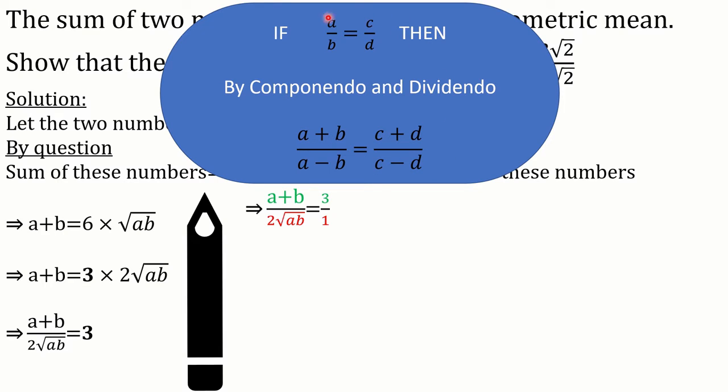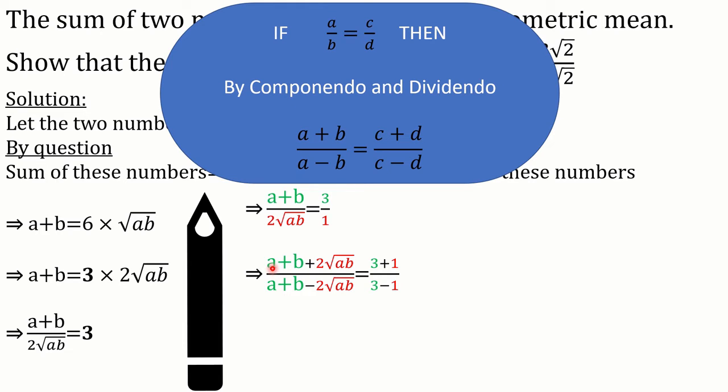So this concept we are going to apply over here. We will consider the numerator as a in the left hand side and the denominator as b. In the right hand side, this 3 will be considered as c and 1 will be considered as d. Then applying this concept, we are going to get this line.